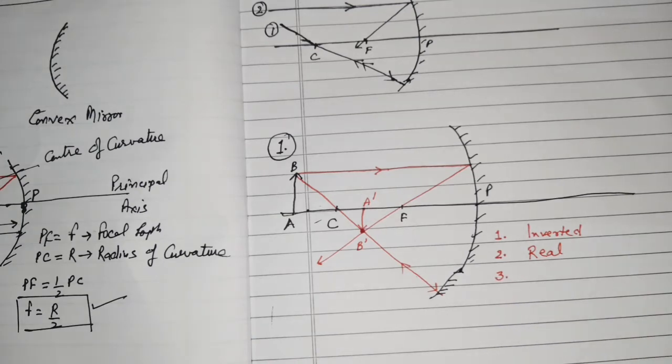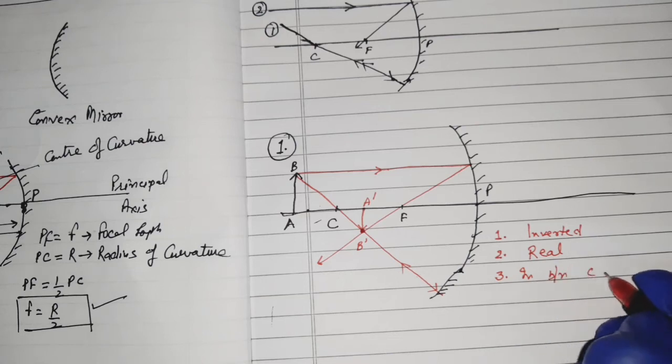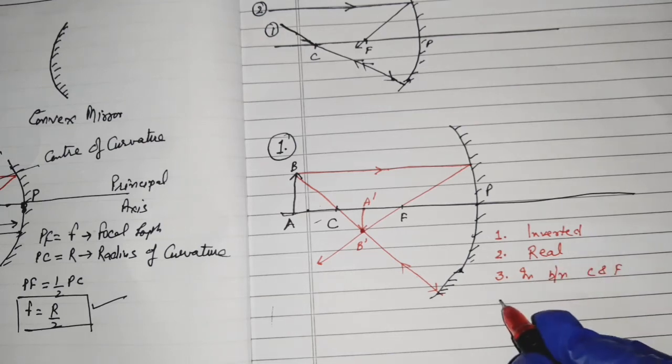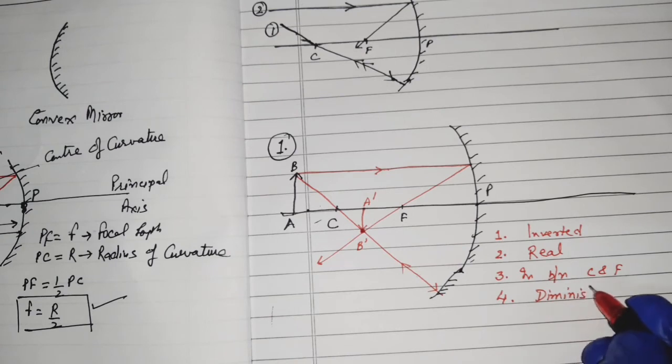Number 3, where is the image formed? In between C and F. And number 4, the size of the image is diminished, small or smaller.